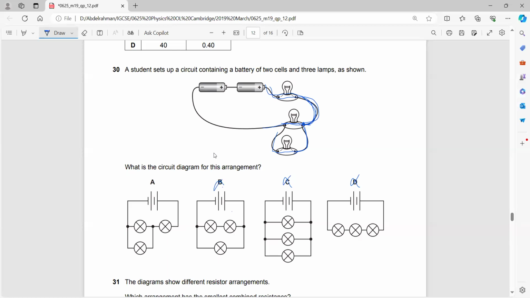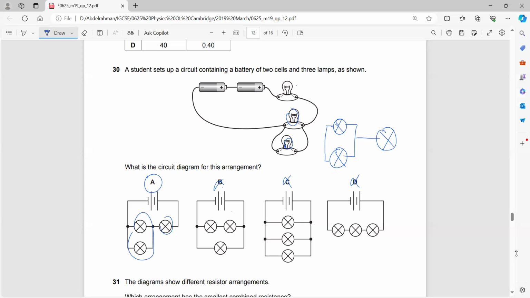Let me draw it quickly. These two are in parallel, and then this one is all by itself in series. So you have two in parallel and then one in series, which would be A. Yes, it would be A.